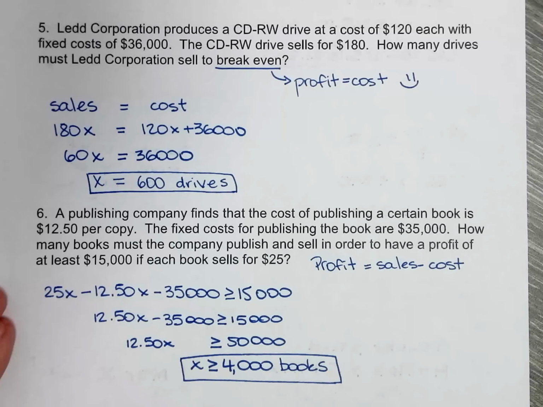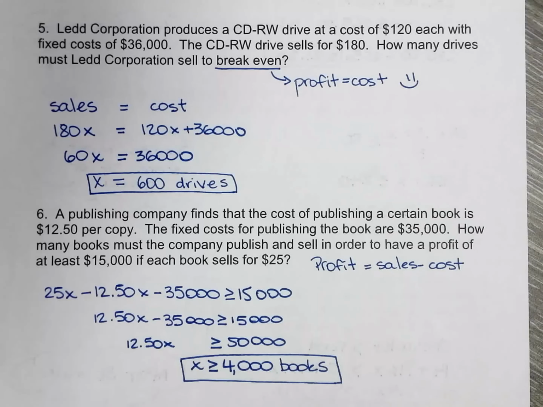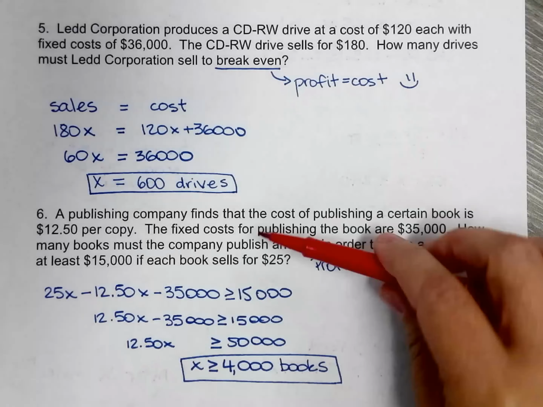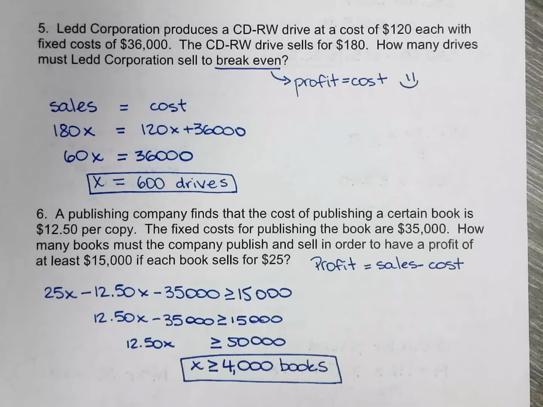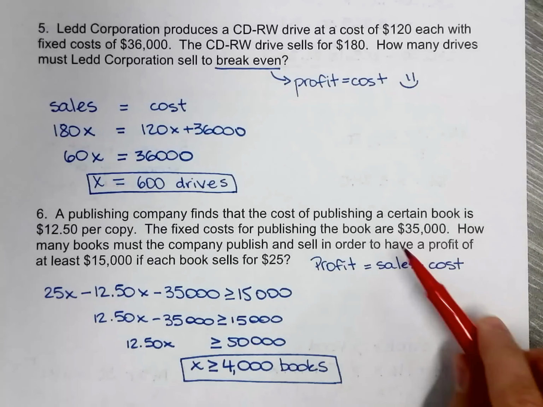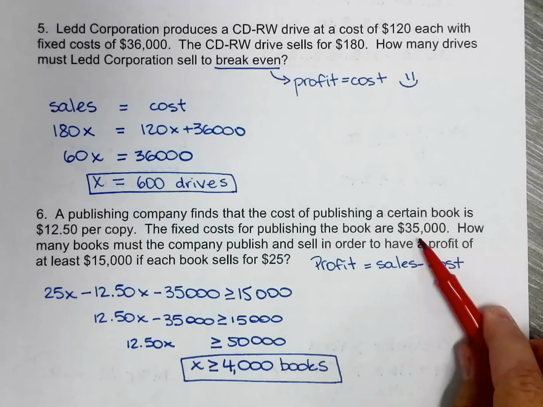And last one, a publishing company finds that the cost of publishing a certain book is $12.50 per copy. The fixed cost, very similar to what we did here, we're talking about business, is $35,000.